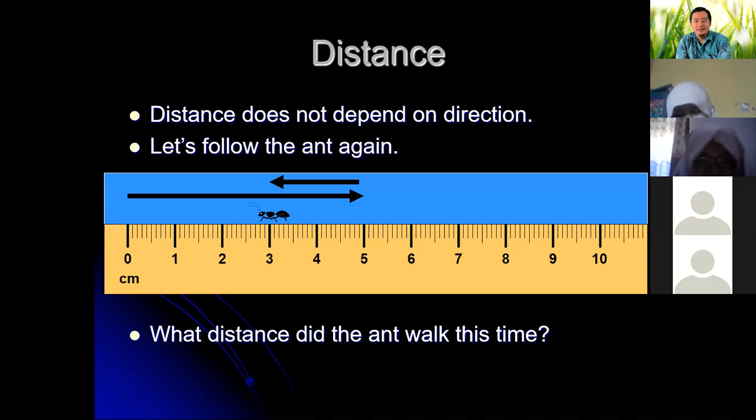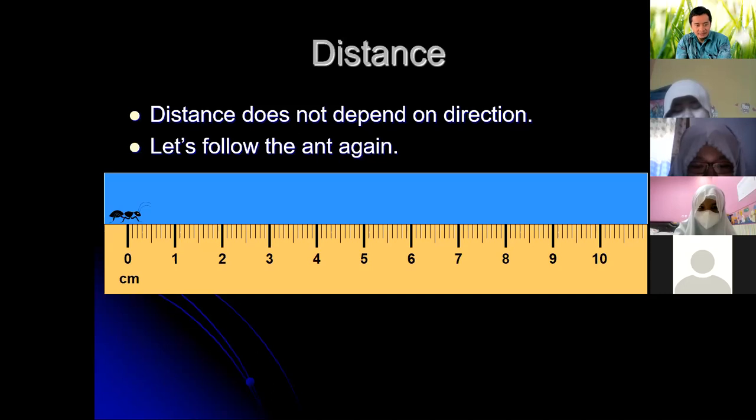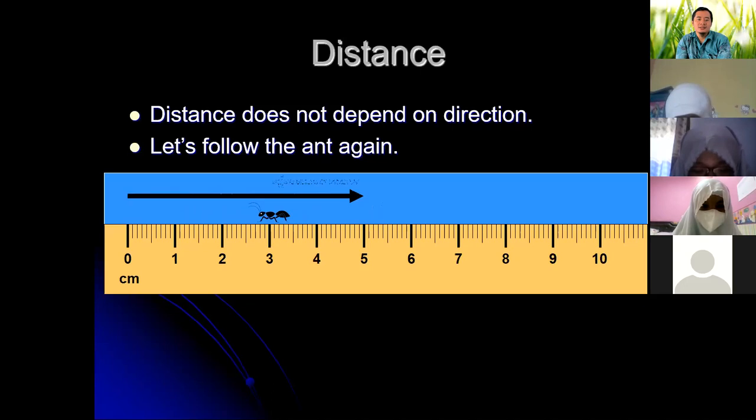Okay, I'm so sorry, I was having connection problems. What was the question? Okay, I will repeat again the travel of the ant from 0 to 5 and then to 3.